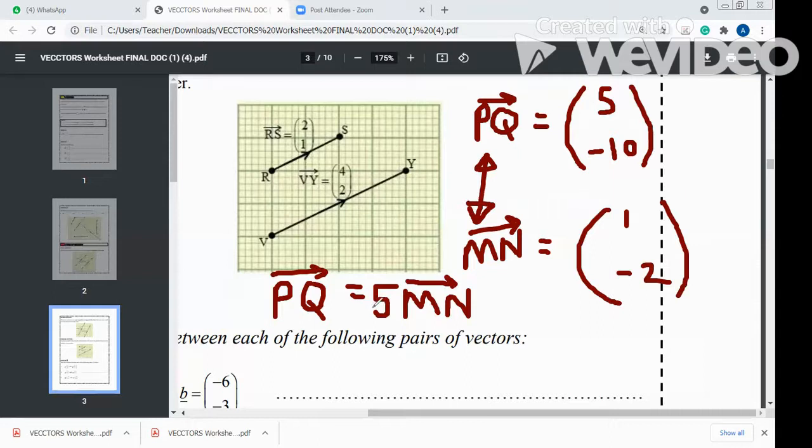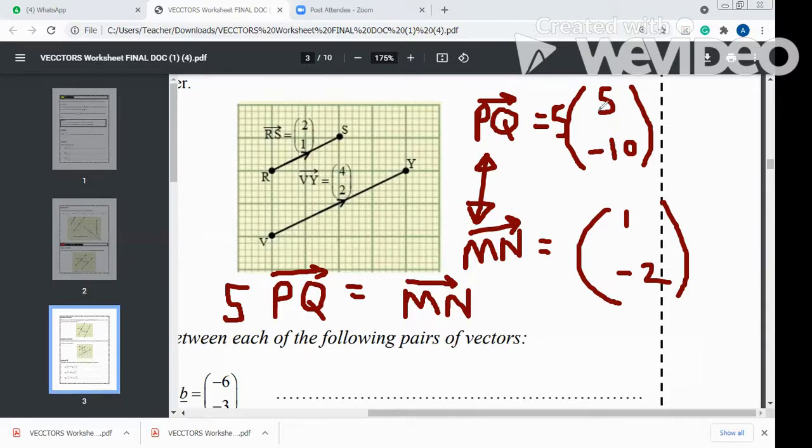But if you put the 5 over here, say next to PQ, 5 times PQ will give us 25, and 5 times negative 10 will give you negative 50.